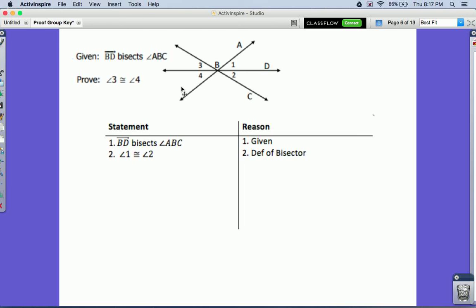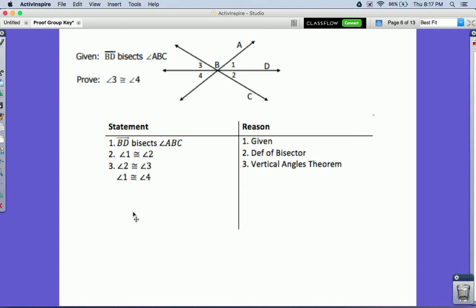So in this case, we can say that angle 2 is congruent to angle 3 because they're vertical, and that angle 1 is congruent to angle 4 because they're vertical. And that's by the vertical angles theorem. And vertical angles are always congruent. So that's what that theorem tells us.